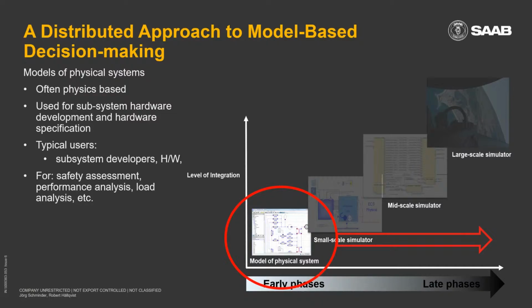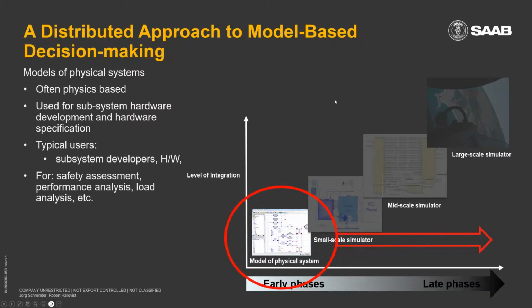When developing this model of the hardware, we do a lot of simulations to mature the model and to specify the hardware to be included in the subsystem and so forth. And we use this model for safety assessment, performance analysis, load analysis, etc. And here I try to indicate that we are using the model throughout the life cycle phases.